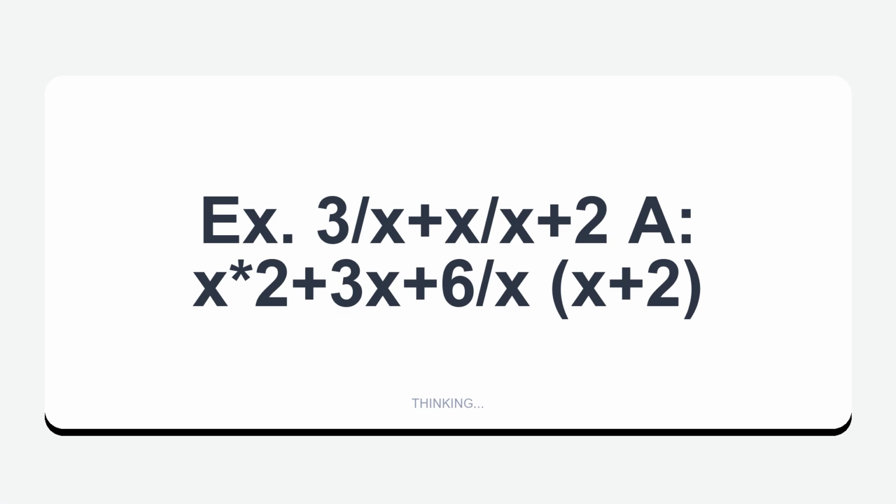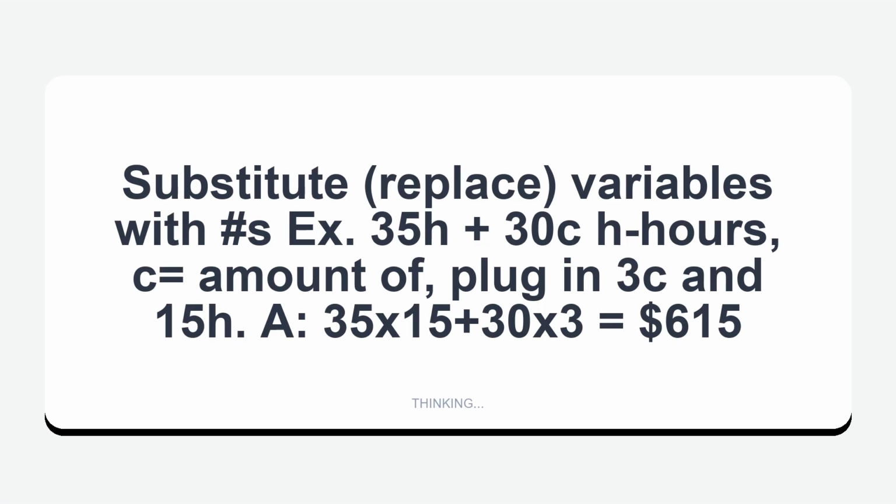Adding rational expressions, for example x/(x+2) + 3/(x+2). Write an expression from a description. Substitute, replace variables: 35H + 30C, H equals hours, C equals amount of, plug in 3C and 15H.